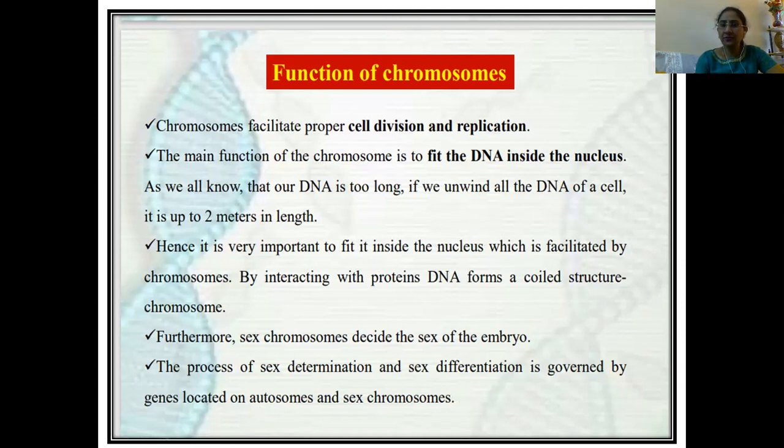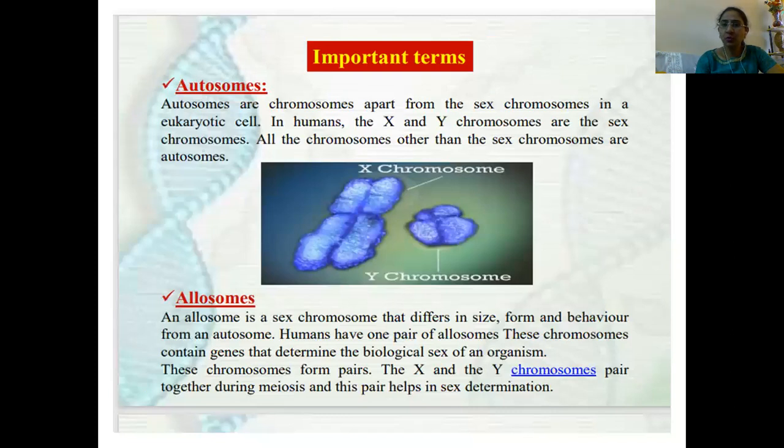There are two types of chromosomes: autosomes and allosomes. Autosomes are those chromosomes which are apart from the sex chromosomes.